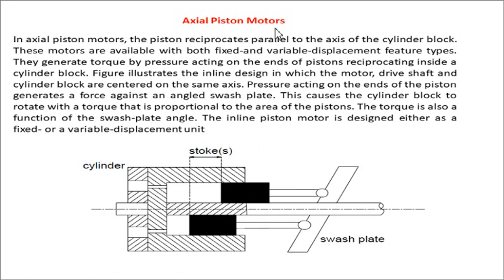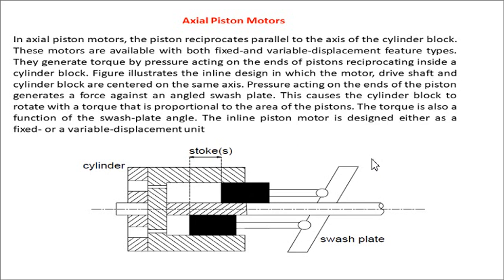Because of this, you have precise control over the power output in the case of piston motors. That is why these piston motors are usually used when you need precise control over the output. You can take the example of mobile hydraulics like a JCB machine, a tractor, or agricultural equipment.